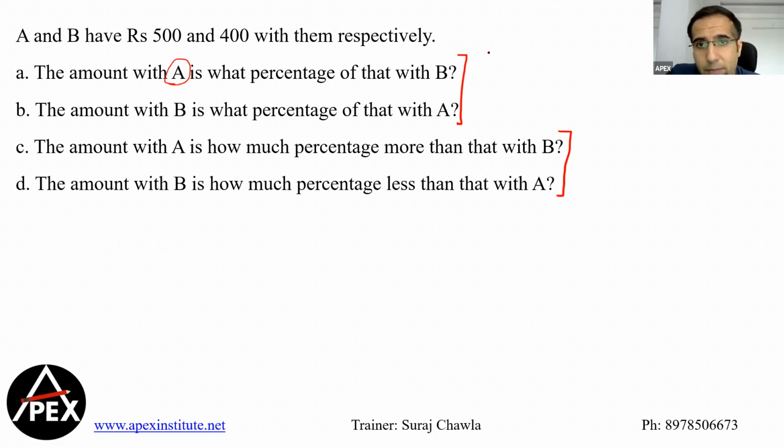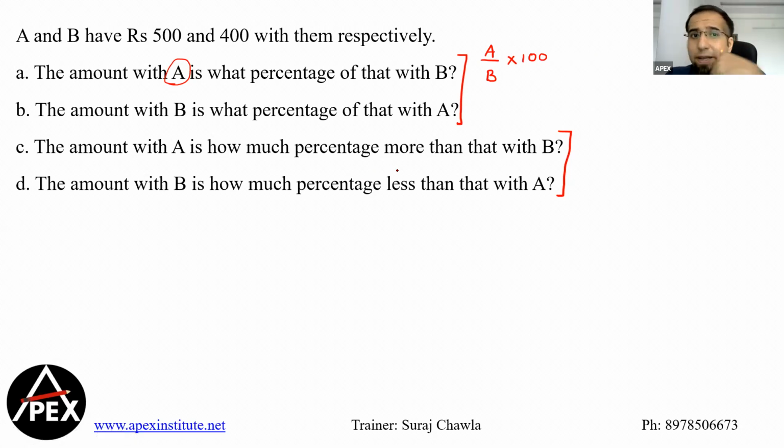I'm interested in the amount with A, and the amount with A is compared to that with B. So I'm comparing this with B. Clear? And finally, as a percentage, I am multiplying by 100. I repeat, interested by comparison into 100. So the answer for the first one becomes 125%.